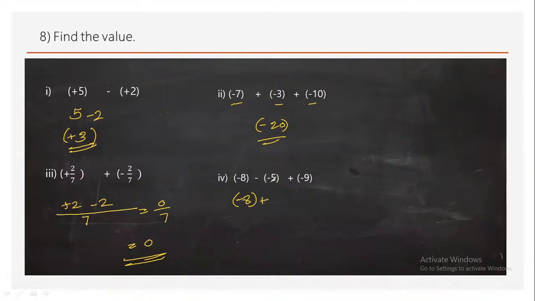The additive inverse of minus 5 is plus 5, plus minus 9. Now simplify these two. When different signs are there, you have to take the difference. What is the difference of minus 8 and plus 5? Minus 3. Then here minus 9. Then add the same sign, minus 3 minus 9. Answer is minus 12.